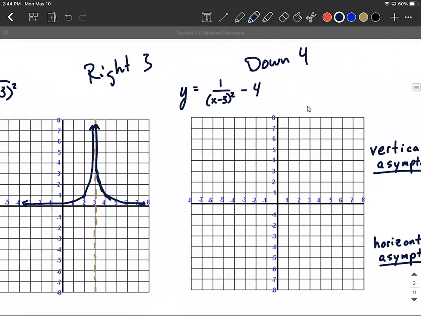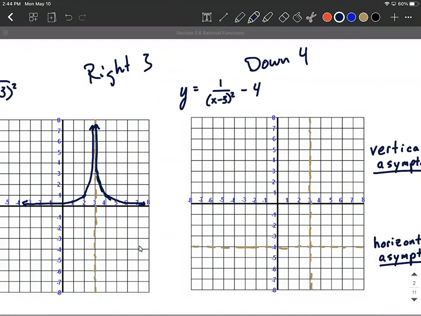All right, so let's sketch in our vertical asymptote at 3. And now our horizontal asymptote is moved from the x-axis, got picked up, moved down 4 units. So it's going to be at -4. Again, a nice dashed line should be utilized for that now that it's off the axis.